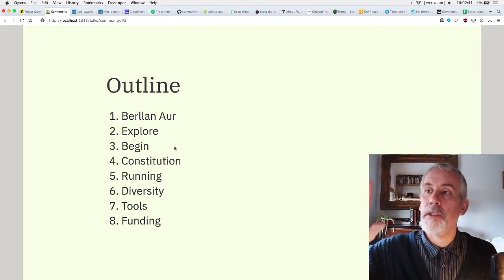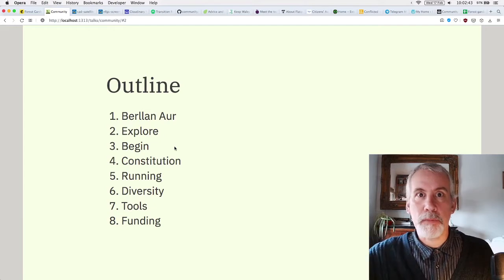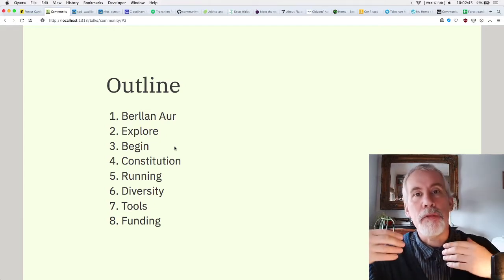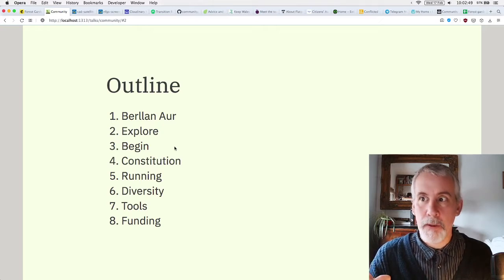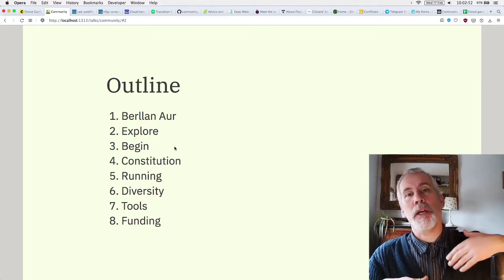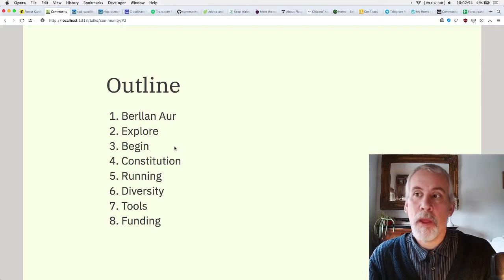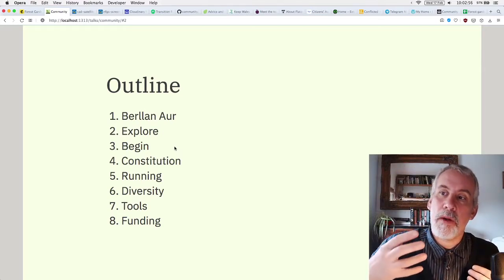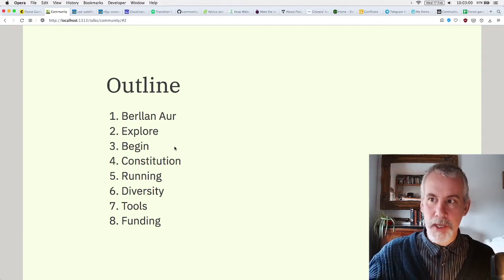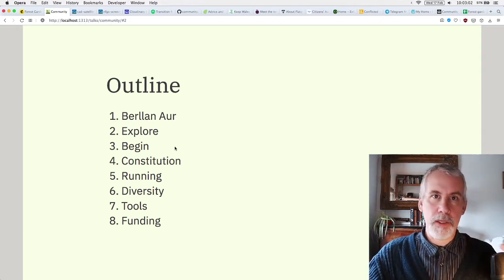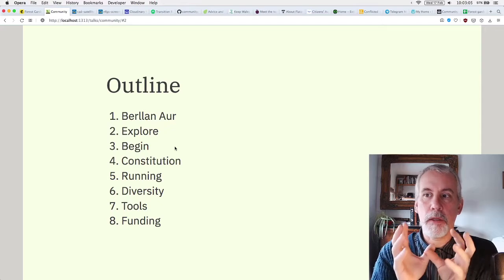I'll be looking at setting it up, exploring what it is that you want, then the beginning of it, the constitution, how it's run, and the day-to-day issues with running it. Then there will be a look at diversity and working with different people within the community forest garden.